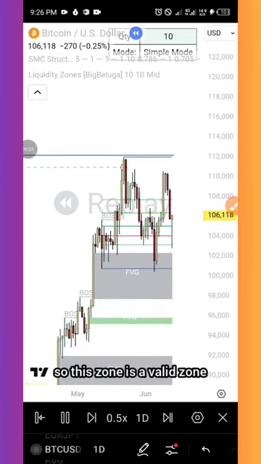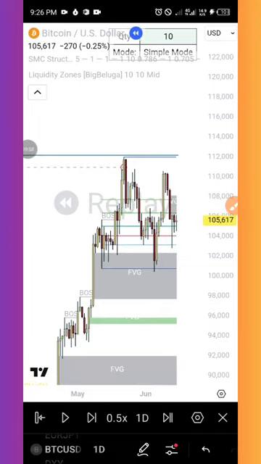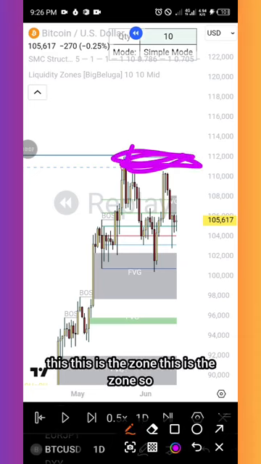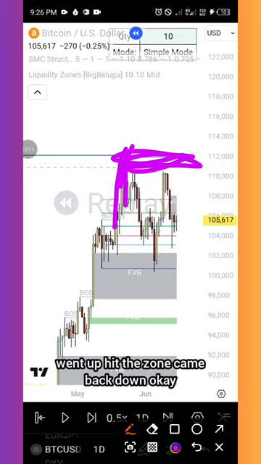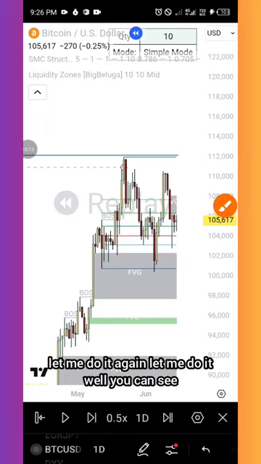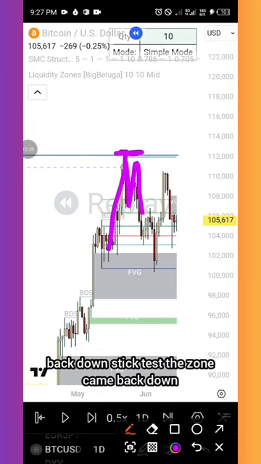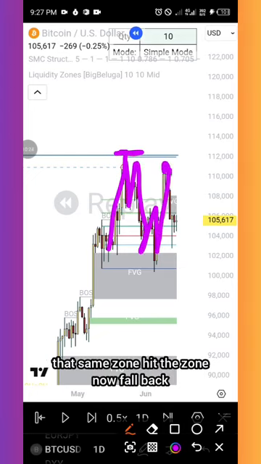So this zone is a valid zone, because remember, this is the zone. You can see that price went up, hit the zone, came back down. Let me do it again. You can see that price went up, hit this zone here, came back down, still tested the zone, came back down, traveled, came back to that same zone, hit the zone, and now fell back down.